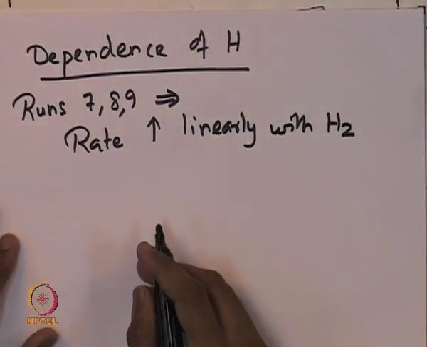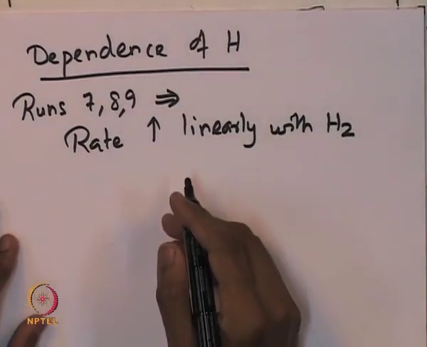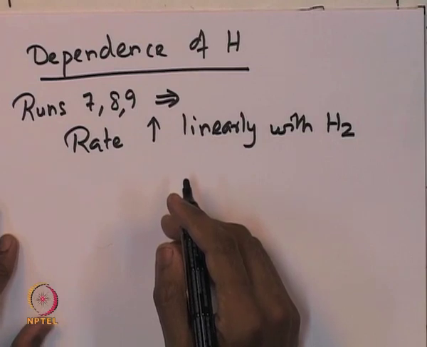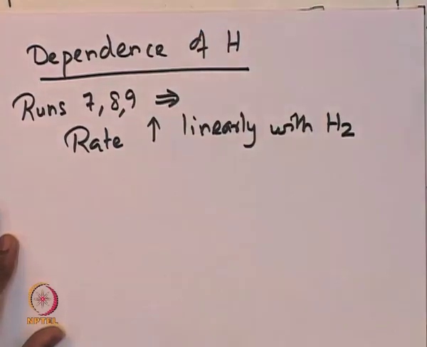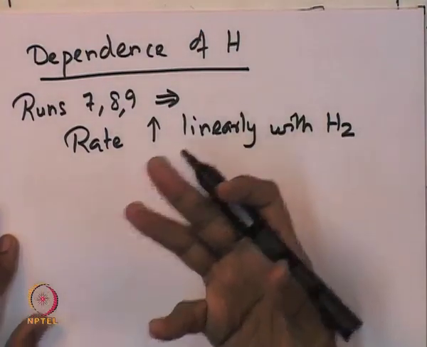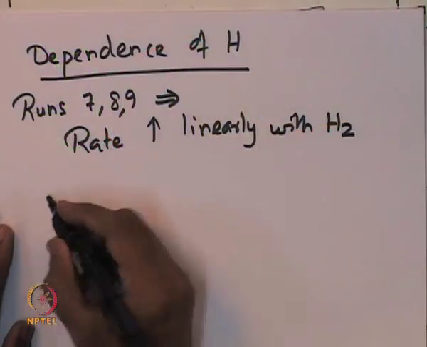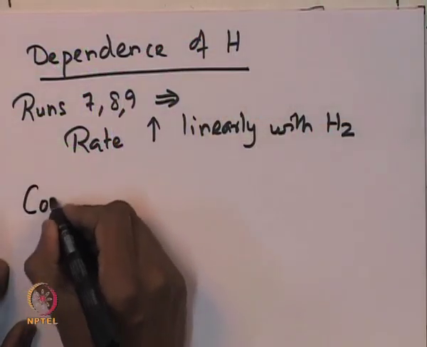Okay. So, this means that the hydrogen is perhaps not adsorbed on the surface, or the surface coverage of hydrogen on the catalyst site is insignificant. Okay. So, therefore, now we can combine all of these different observations from experimental data.